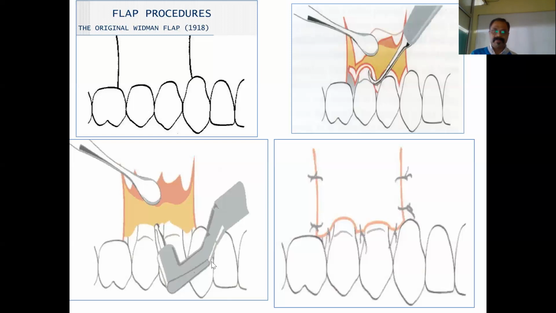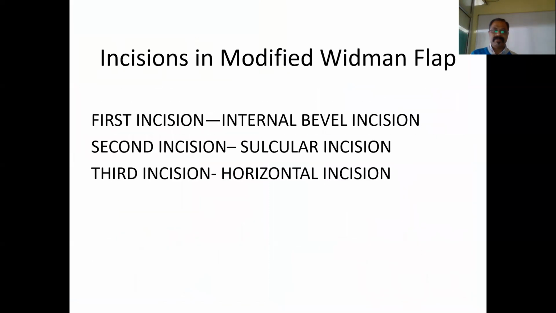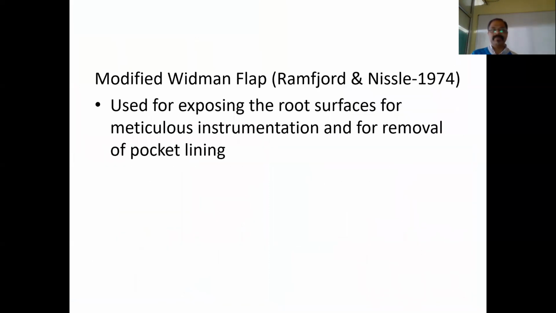Okay, right? So this is your original Whitman flap. Now let's see the modified Whitman flap. It's just a slight modification given by Ramfjord and Nissle in the year 1974. One of the main objectives of this modified Whitman flap was that it exposed the root surface for meticulous instrumentation of the root surface as well as removal of your pocket lining.